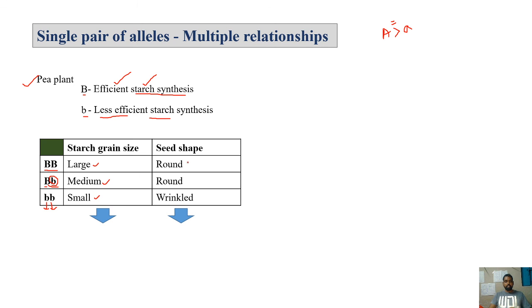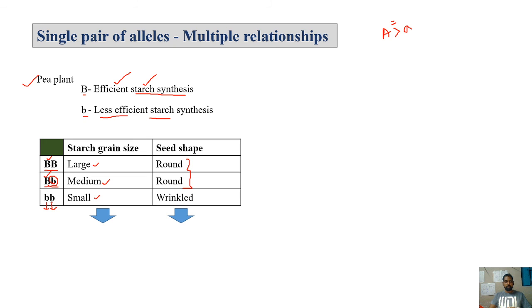Now, with respect to the seed shape, because the starch is synthesized efficiently from capital B, in this case as well as in this case also, the seed shape will be round, which means one copy of capital B is sufficient for the seed to be round.